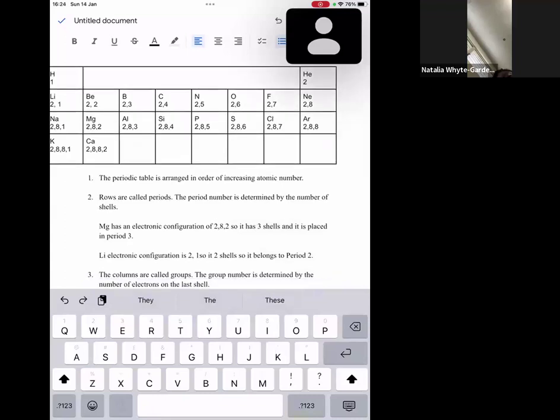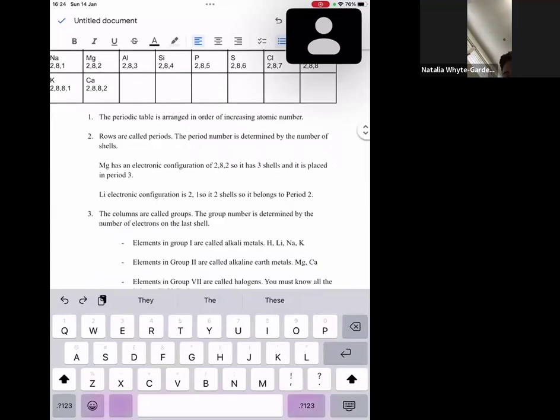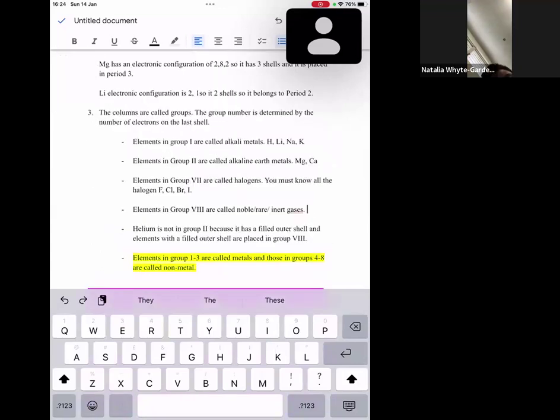Helium, although it has 2 electrons on its last shell, is not placed in group 2 because it has a filled outer shell. The first shell can hold a maximum of 2 electrons. Elements with a filled outer shell are placed in group 8 of the periodic table.